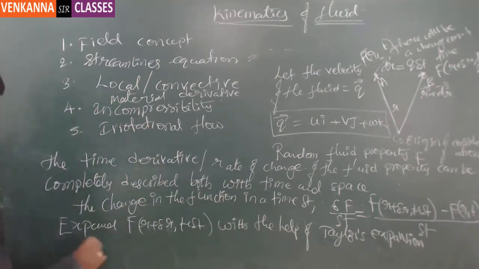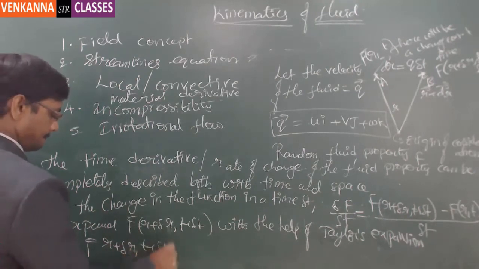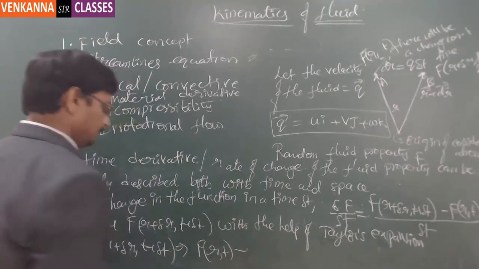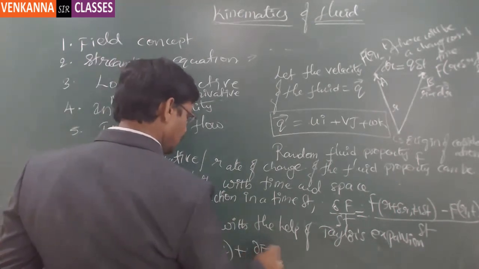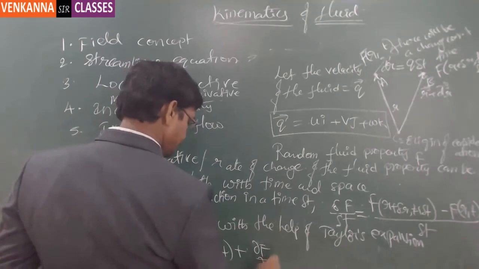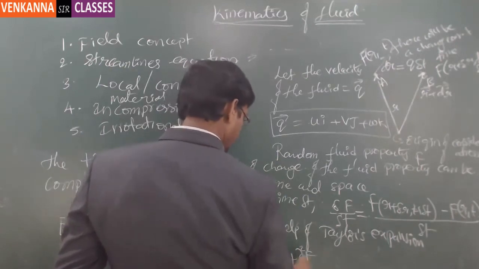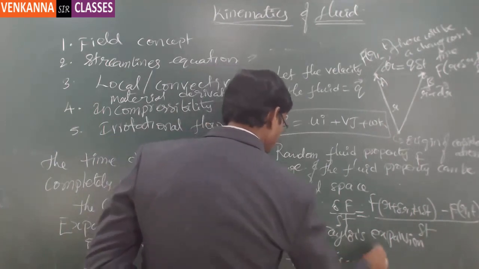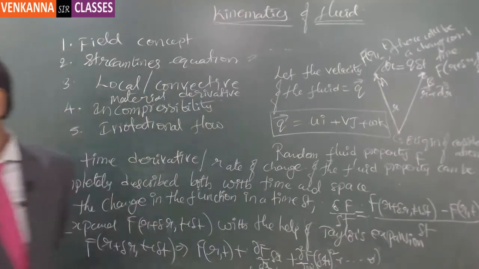Then it will be f of r comma t plus dou f by dou r into delta r plus dou square f by dou r square into delta r whole square plus dash dash dash up to infinite, plus dou f by dou t. Okay, note down this first.